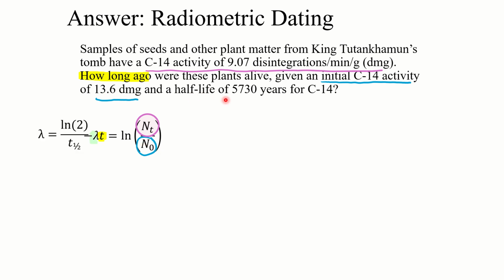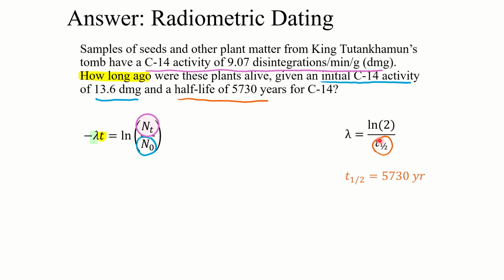And then the half-life is 5,730 years, which is your T_1/2. So you can use first this equation to solve for the decay constant. Lambda equals ln 2 over T_1/2. T_1/2 is 5,730 years, and so we can solve for lambda and find that the decay constant is 1.2097 times 10 to the negative fourth inverse years.